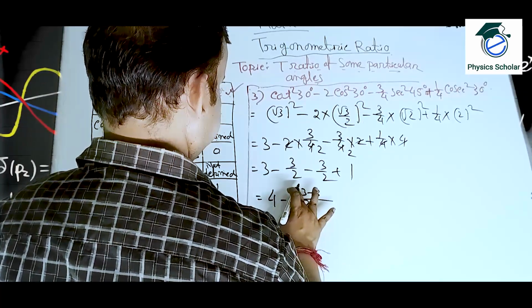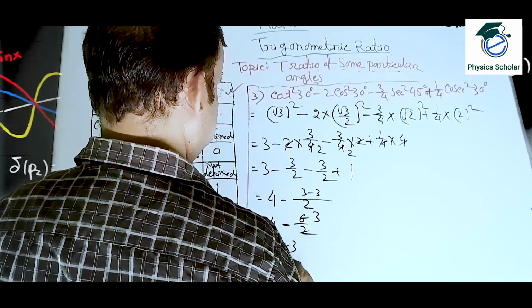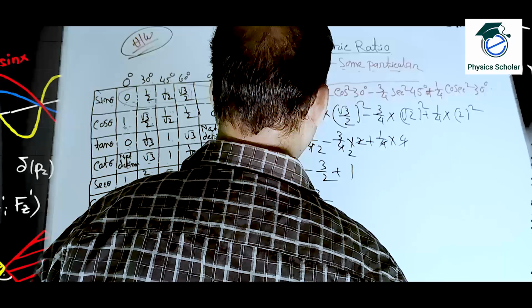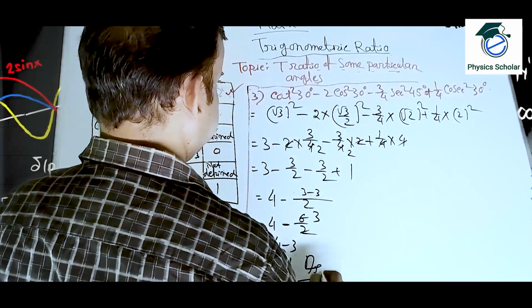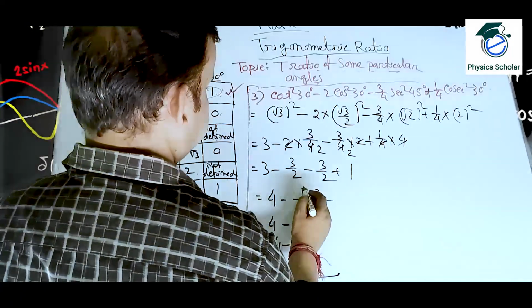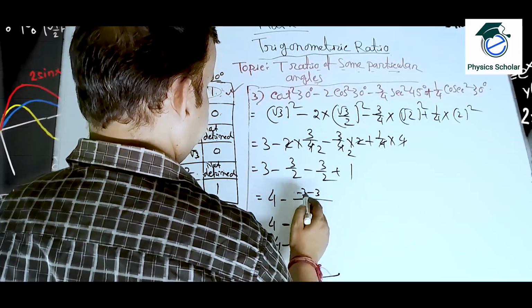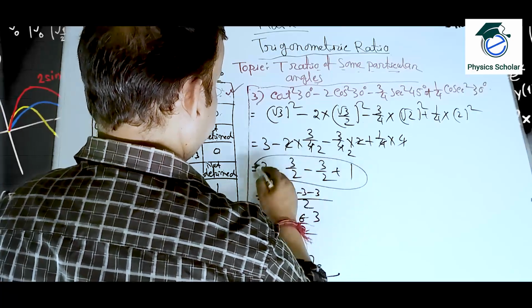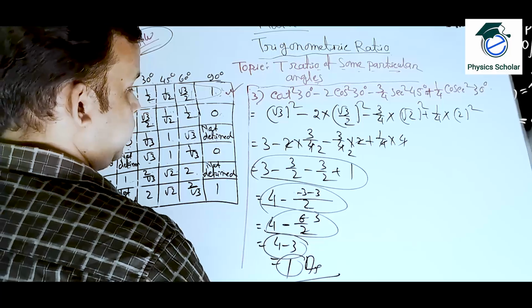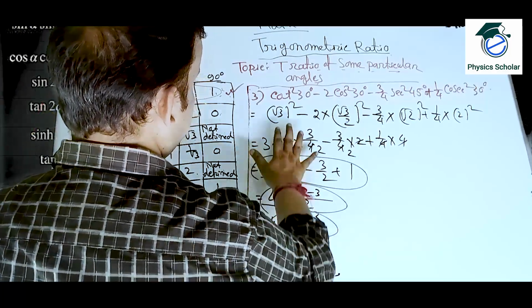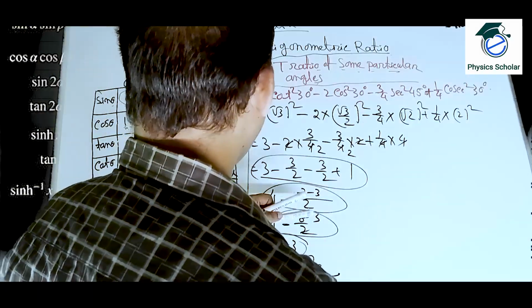Clear? So now 4 minus 3 is equal to 1. Clear? So this will be your answer, 1. We are only putting the values and calculating the things. So this will be your answer.